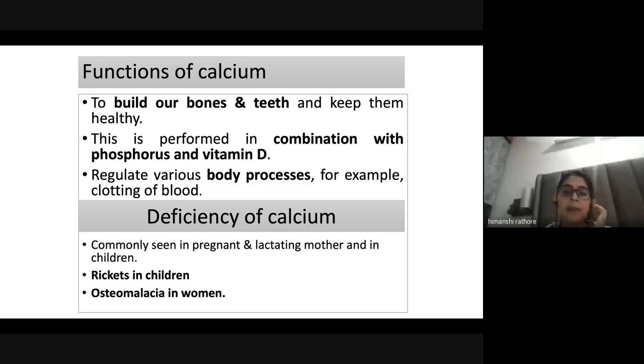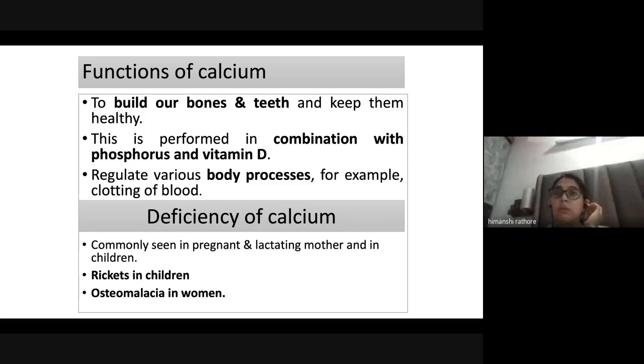And if calcium is required for healthy bones, definitely its deficiency will lead to weaker bones, which is common for vitamin D also. So if your body is deficient in calcium, if you are not taking calcium in the right amount, then a condition develops in a child which is called rickets, where the child cannot stand properly.